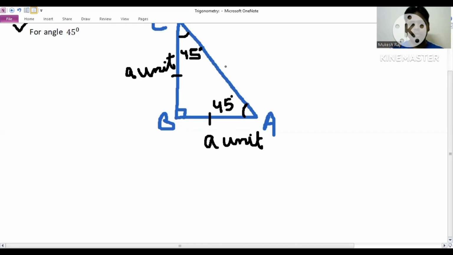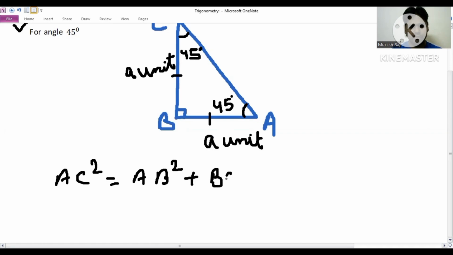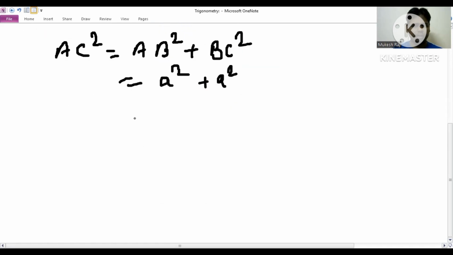Now, let us calculate the hypotenuse of this triangle ABC, that is AC. As per the Pythagoras theorem, we can write AC square is equal to AB square plus BC square. Moving ahead with the calculations, A square plus A square gives us twice A square.